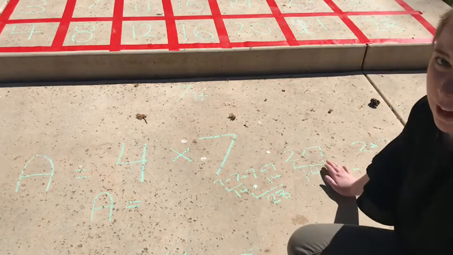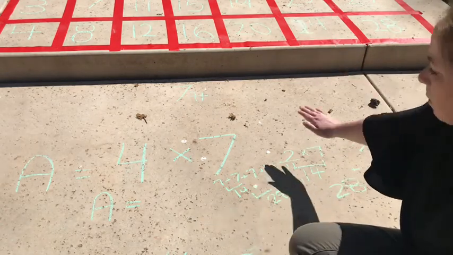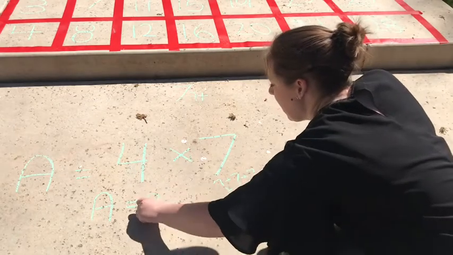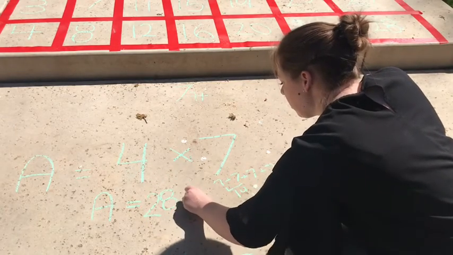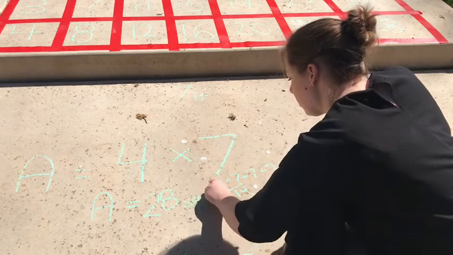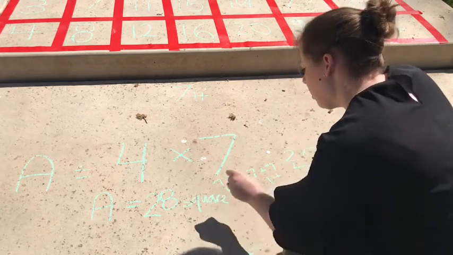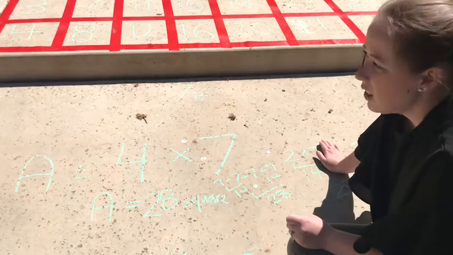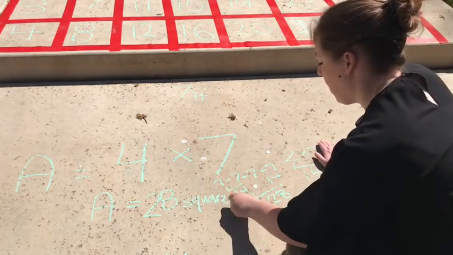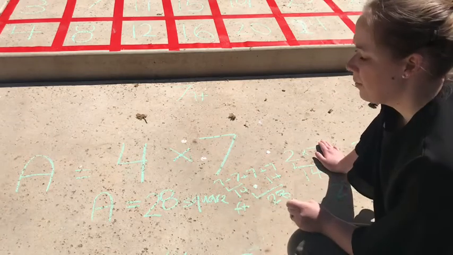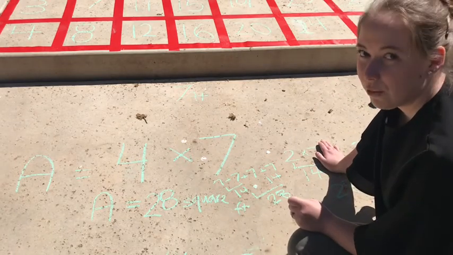So our area for our chicken coop is going to be 28 square units. And the units for this grid is feet. So our area of the square is 28 square feet.